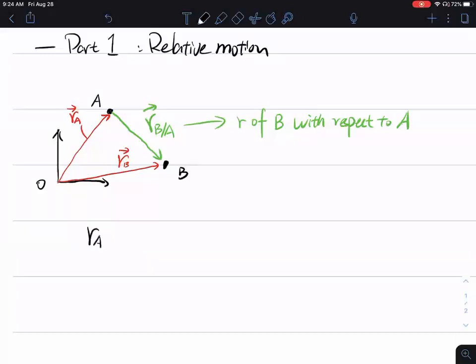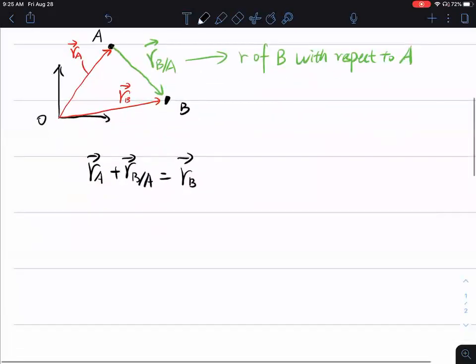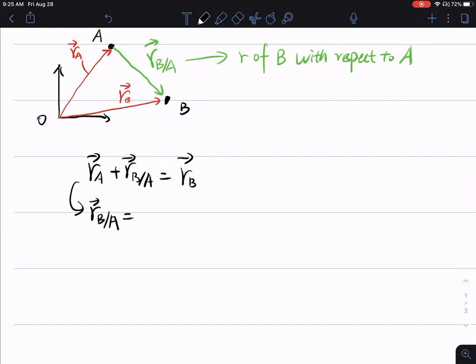So we learned that RA plus RB/A equals RB. And we can rearrange this to write out what is RB/A. So RB/A can be written as RB minus RA. So now we have our first equation for a relative position vector.